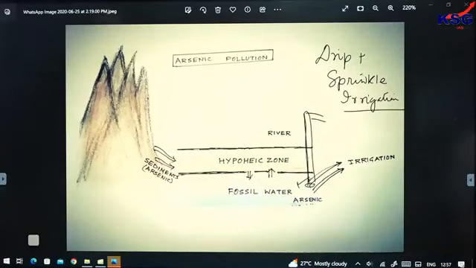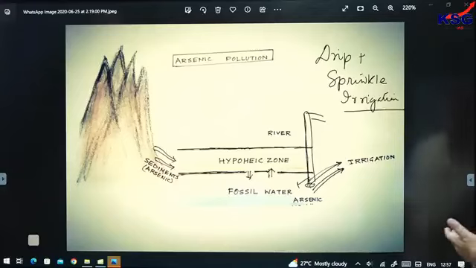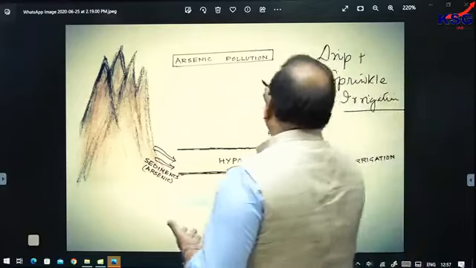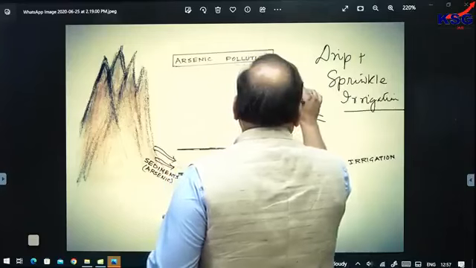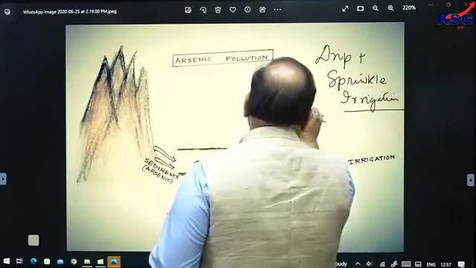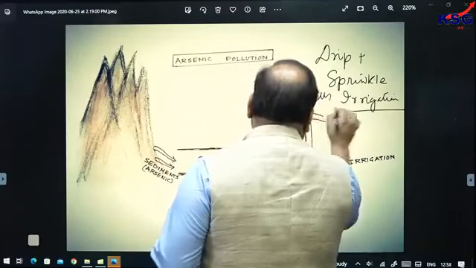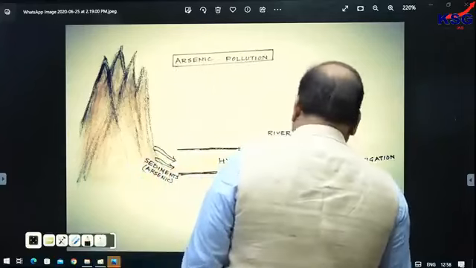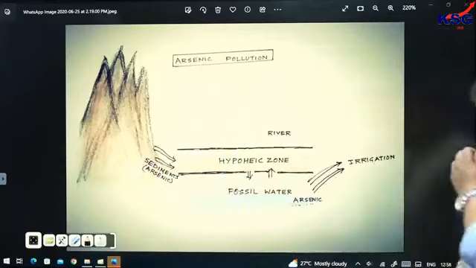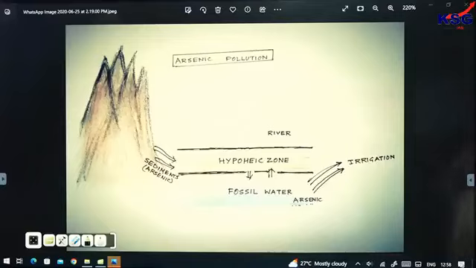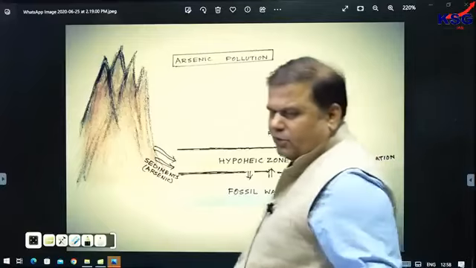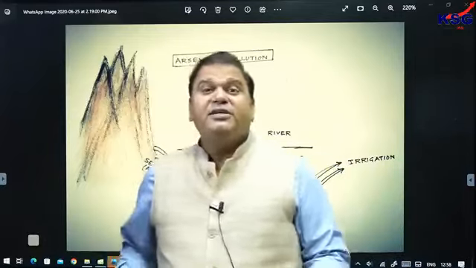One precautionary measure is to use shallow tube wells, which would be withdrawing water from the upper part of the water table, so that less of contaminants pass.